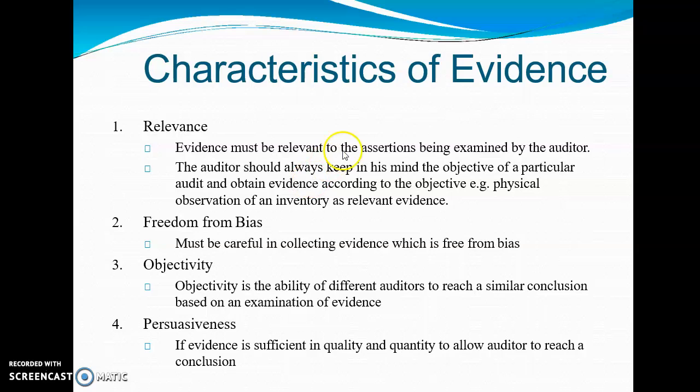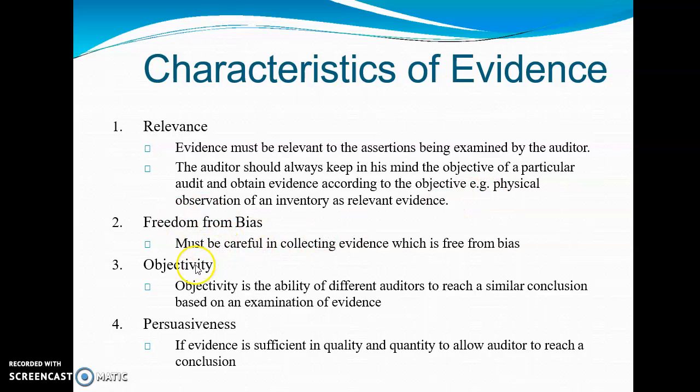So these are the characteristics of evidence, where the evidence must be relevant, free from bias, objective, and persuasive. Relevance means the auditor should keep in mind the objective of the audit and obtain evidence according to the objective.